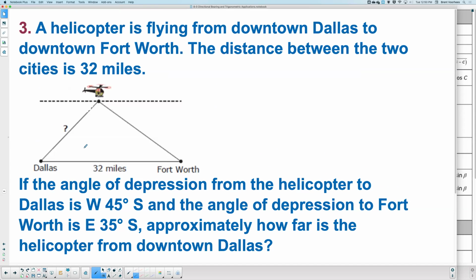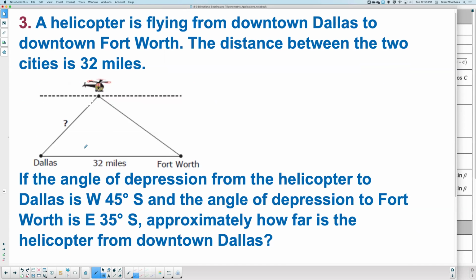If the angle of depression, I'm going to pause. The word depression. Let's talk about what that means. Let's say you were going to a psychiatrist. You said, hey, I'm feeling a little depressed. What does that mean? You're feeling down. Down from where, you might think?